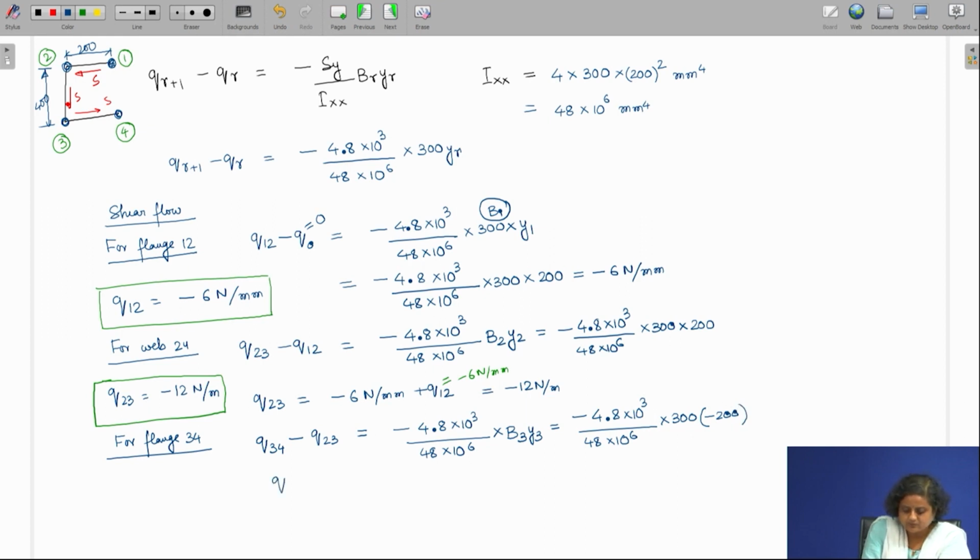So therefore, Q34 is going to be 6 Newton per millimeter plus Q23. Now Q23 is minus 12 Newton per millimeter. Therefore, Q34 is minus 6 Newton per millimeter. Therefore, I can write that Q34 is going to be minus 6 Newton per millimeter.